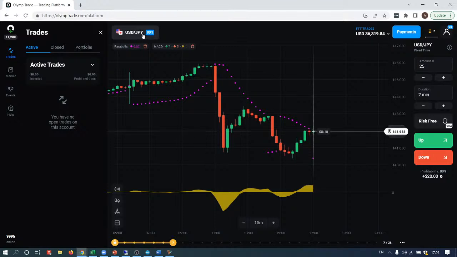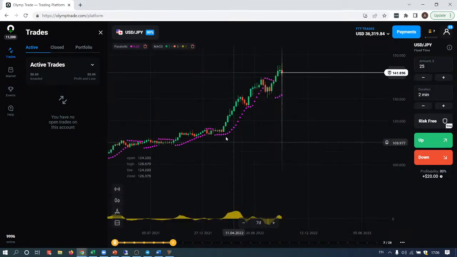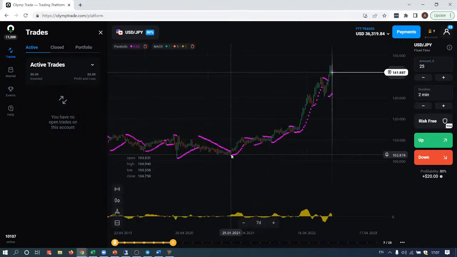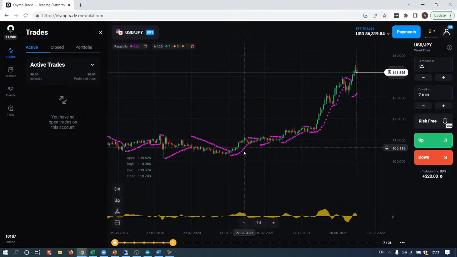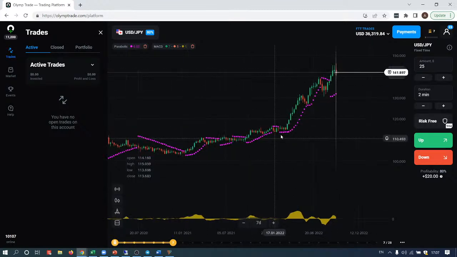This chart is all about USD, the US dollar against the Japanese yen. First of all, when you trade, you always want to be looking at the higher time frame. In terms of market capitalization, the Japanese economy so far has lost close to 35 to 40% of its value due to the devaluation of the Japanese yen.